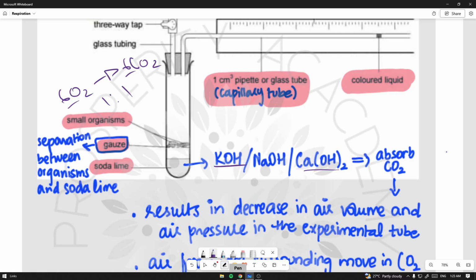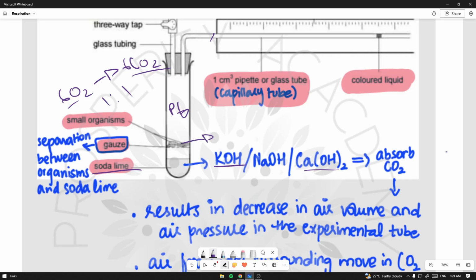So we need to create a pressure change to analyze how much oxygen is being used. So to create pressure changes, we use soda lime. Soda lime acts as an absorbent. It's going to absorb the carbon dioxide. And this is going to create a pressure difference between the capillary tube and the test tube. Now, the pressure inside the test tube is going to decrease as soda lime absorbs the carbon dioxide that is being produced by the organism.